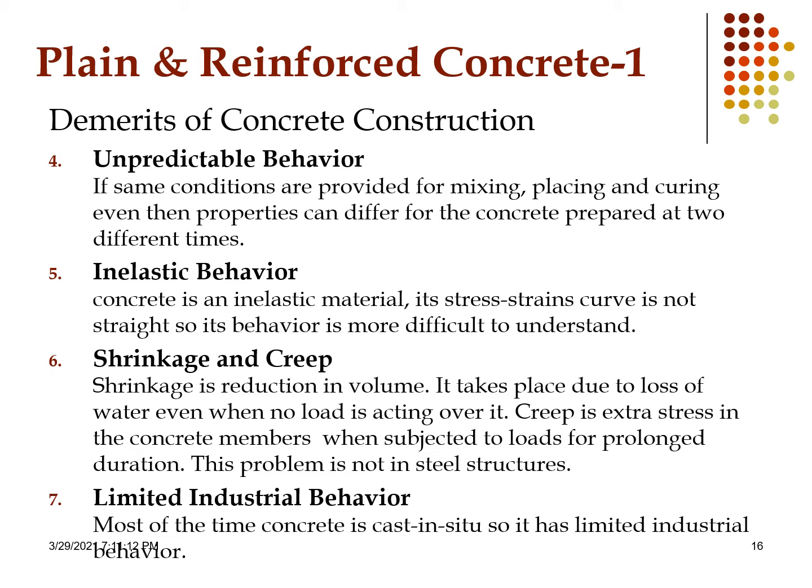We have inelastic behavior, then issues of creep and shrinkage, and then we have limited industrial behavior. Most of the time, concrete is cast in situ. So we have limited industrial behavior, as in case of industry, we need to build using steel structure. So we do not rely on concrete structure if we want to get a faster construction.